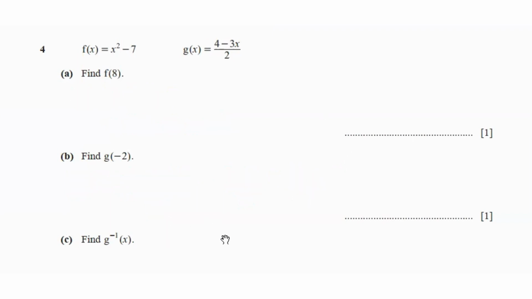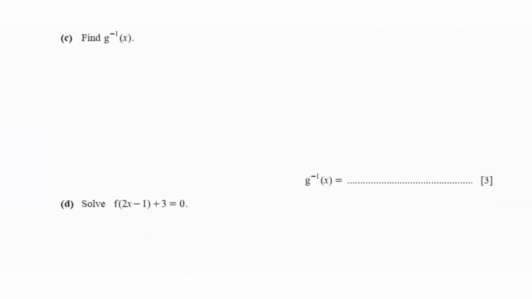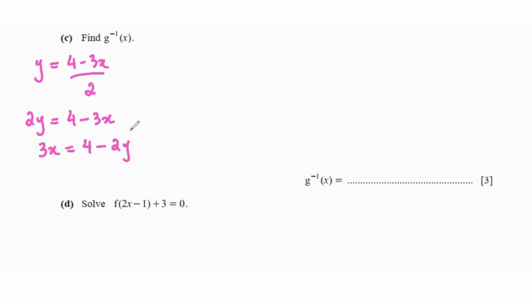Then it says find g inverse. So we'll start with putting g of x equals y. So y equals 4 minus 3x over 2. Cross multiply to get rid of the fractions. So now we have 4 minus 3x equals 2y. I'm going to swap 2y with negative 3x to make 3x positive, because at the end we're basically trying to make x the subject.